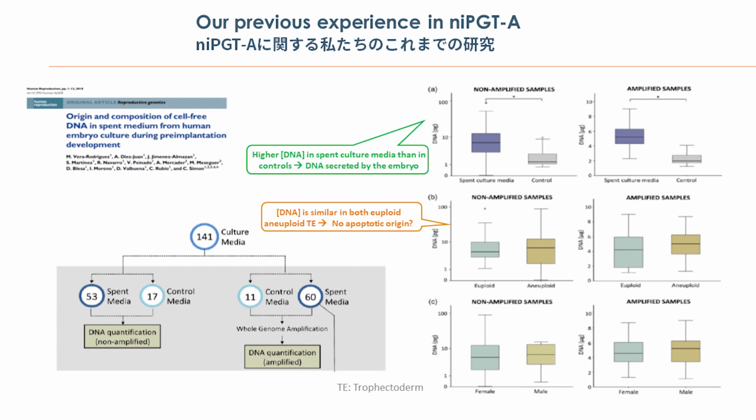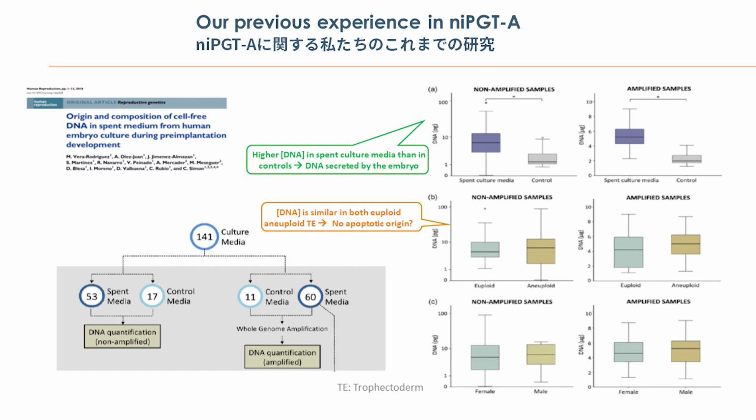We know that in humans, more than 50% of miscarriages are because of a chromosomal abnormality. So we know that chromosomal abnormalities do not disappear in humans in the same way as in mouse. So we were comparing the amount of DNA in euploid normal embryos and in aneuploid embryos.